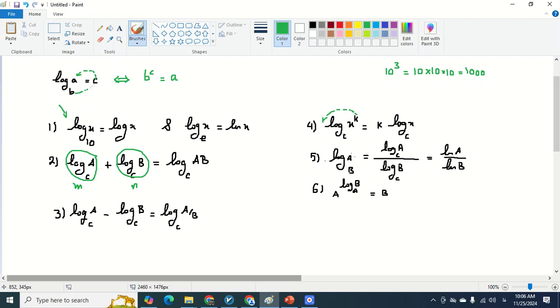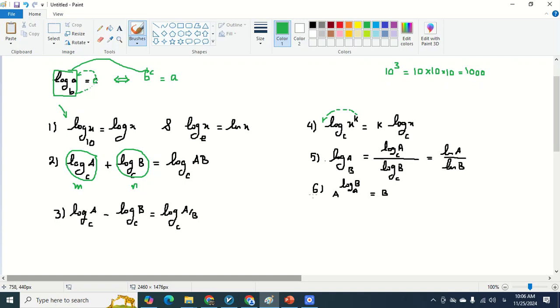It means that if we have log of a in base b, we can rewrite it as this one, and this is a to the power of log of b in base a, which is the same as b. So it again comes from this property. Just replace this c with the value of log of a in base b over here in this expression, and you can find property 6 as well.